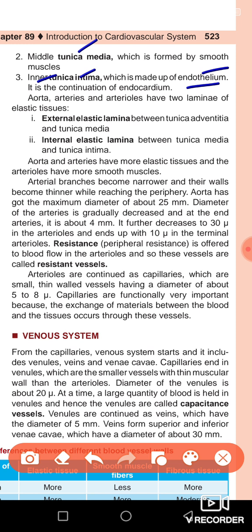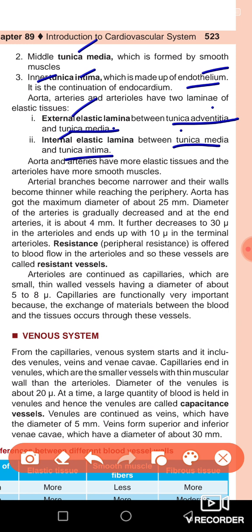There is also a lamina, which is composed of elastic tissue, and this lamina is of two types: the external and internal elastic lamina. The external elastic lamina is present between your tunica adventitia and tunica media. The internal elastic lamina is present between your tunica media and tunica intima.